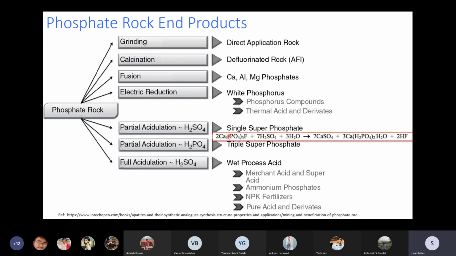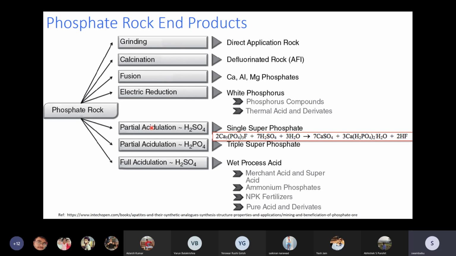So how do you produce single superphosphate? The phosphate rock reacts with sulfuric acid. One important thing here is partial acidulation.